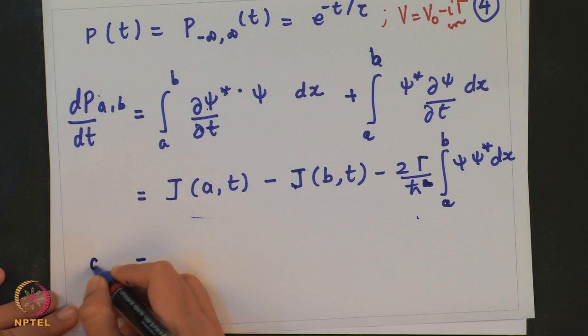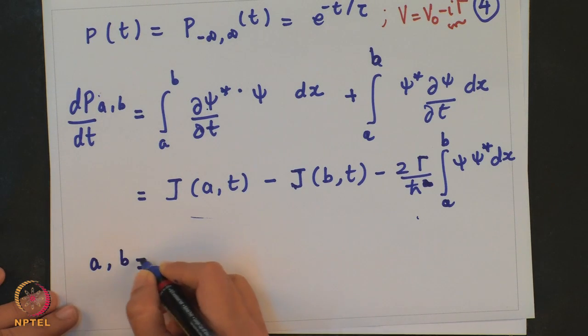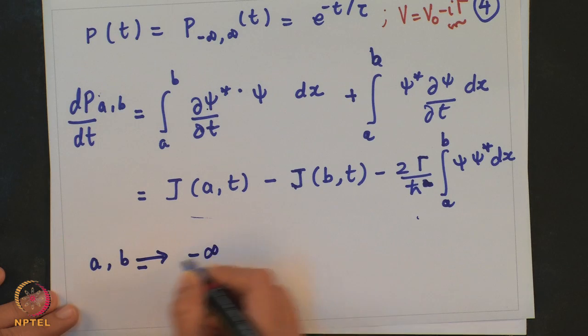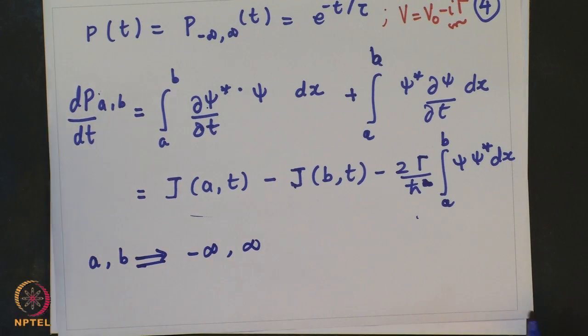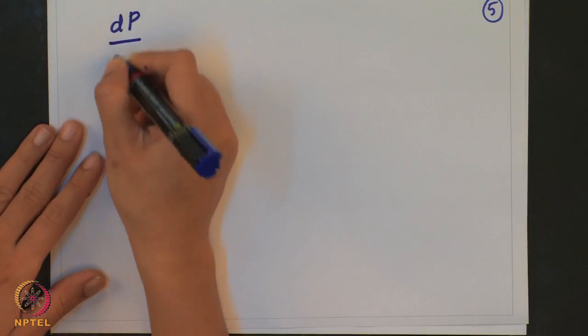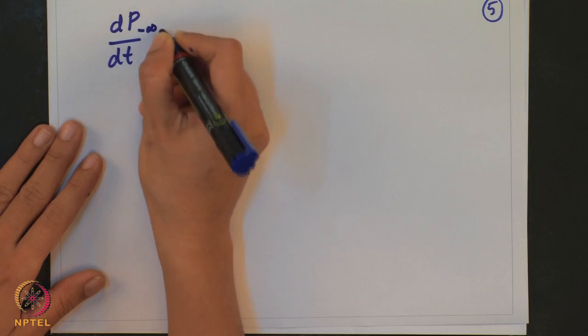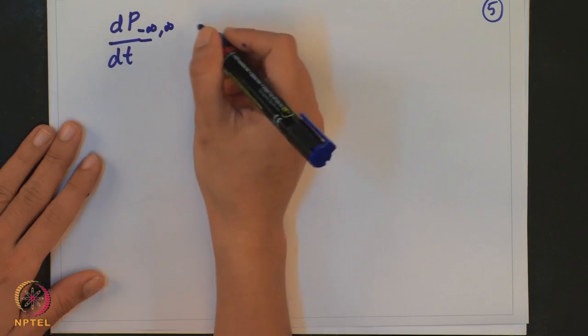Now, we will replace a and b by minus infinity and infinity. When we do this, what I obtain is dp by dt at minus and plus infinity.